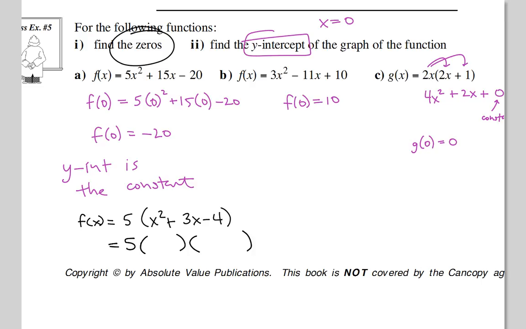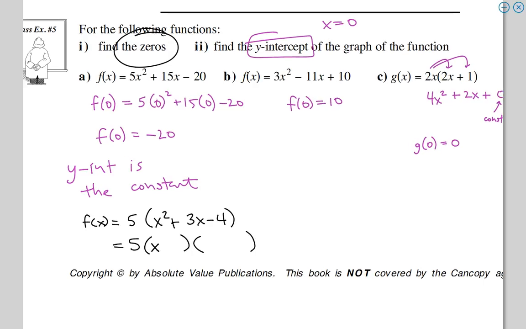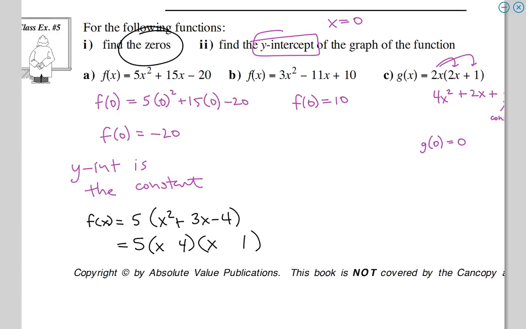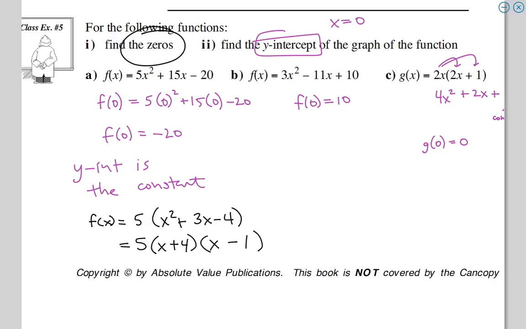What's going in there? 4 and 1? Which one's which? Negative 1 and a positive 4? Okay. So in order to solve this, you got to make the left side 0 and then decide on the opposites here. This would be negative 4 and positive 1.